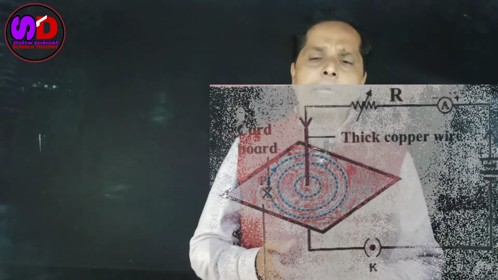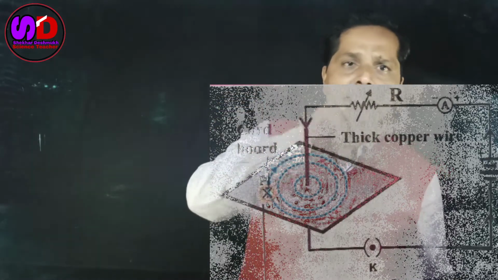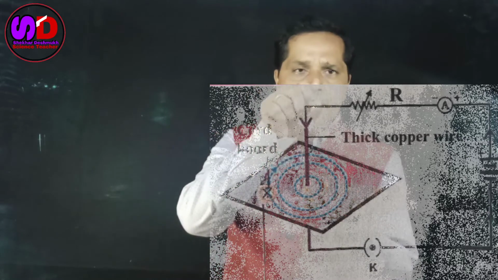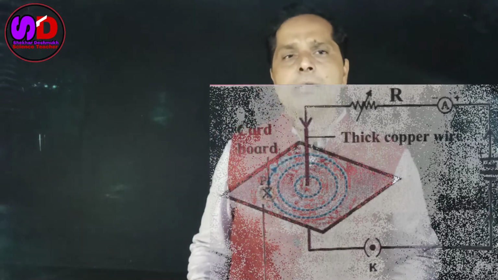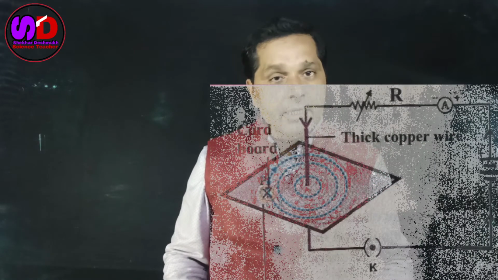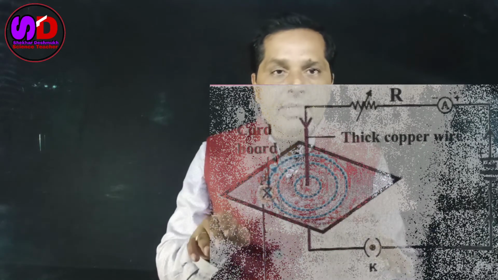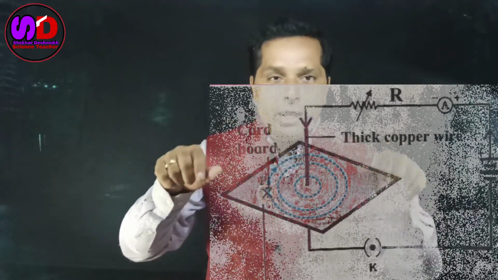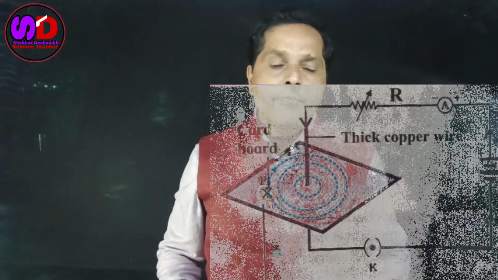Or simply, if you sprinkle some iron filings around it, and if the current passes through the conductor, gently tap that cardboard and you can see that all the iron filings arrange themselves in a particular pattern, in a circular pattern around that wire.